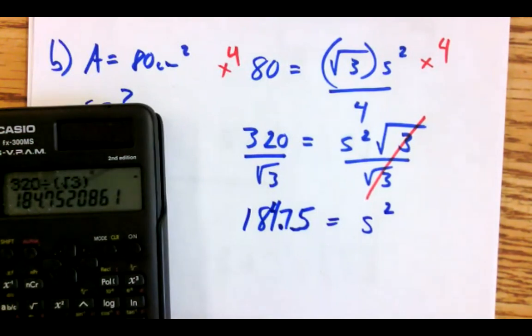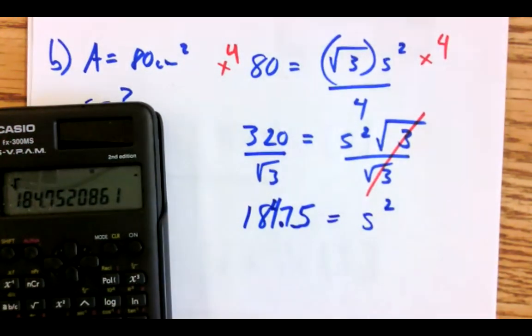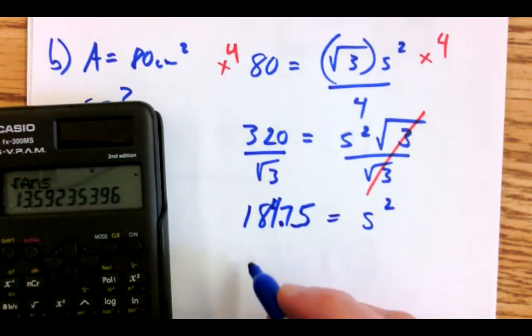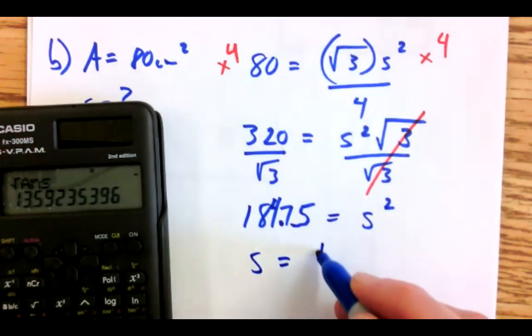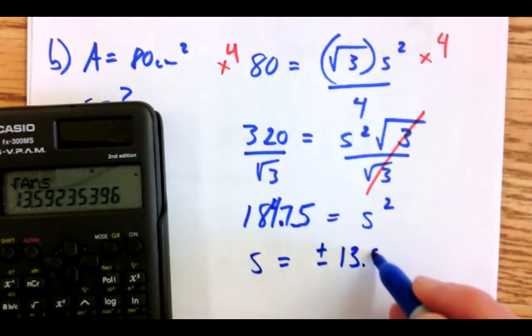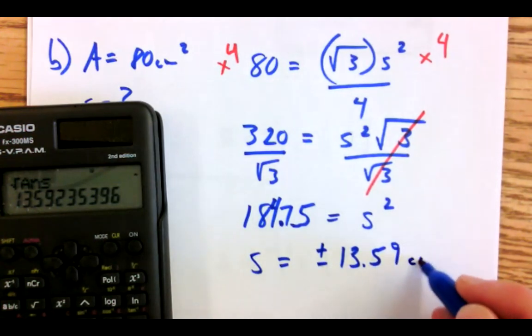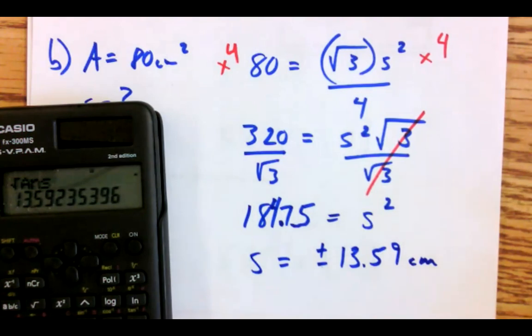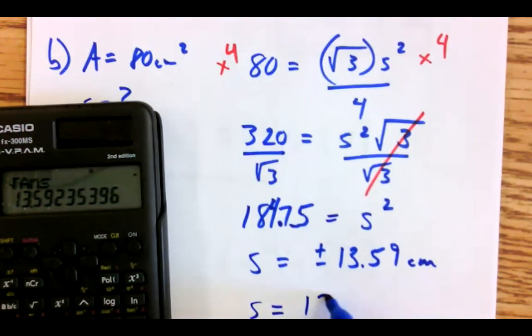Now remember from the last lesson or the lesson before, when you take the square root of the unknown, you have to do plus or minus. So s equals plus or minus 13.59 centimeters. Can we have a negative measurement for a side of a triangle? No. S equals 13.59 centimeters.